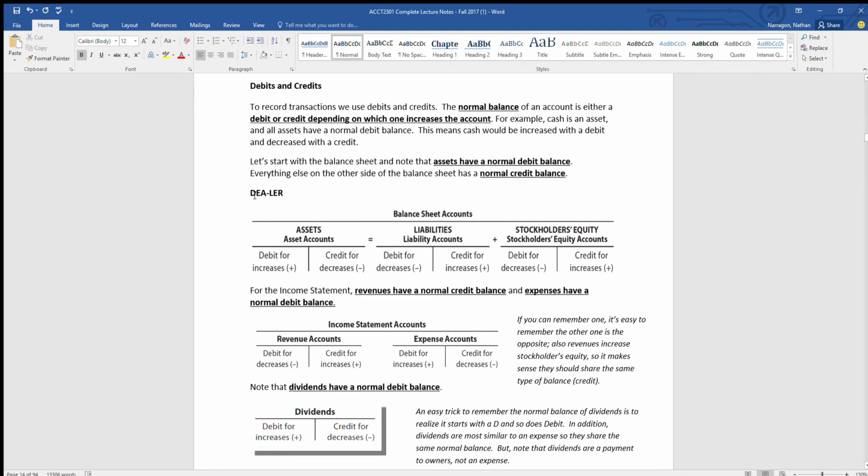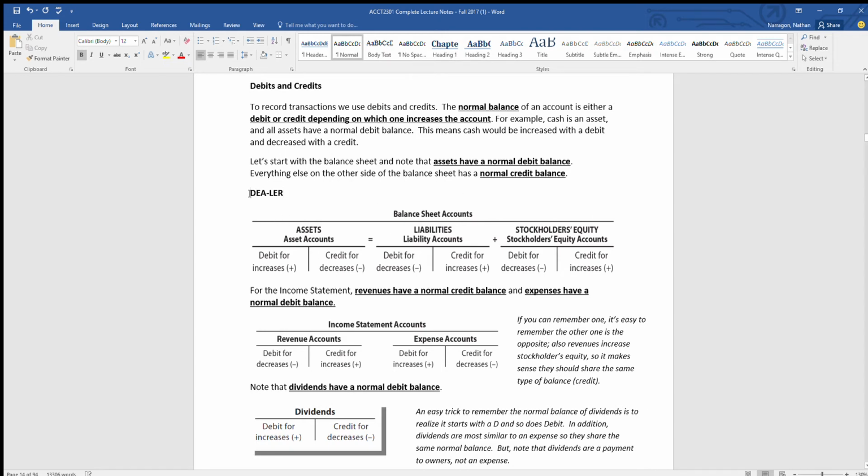So again, dividends, expenses, assets, liabilities, equity, revenue. If you remember that, it will help you a lot to figure out which classifications are going to be natural debit.